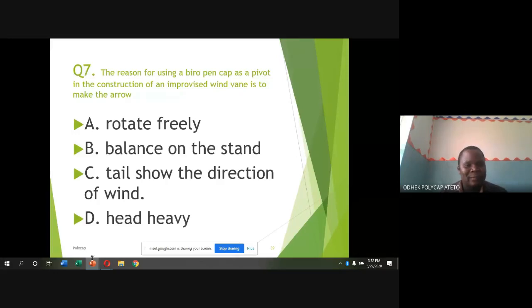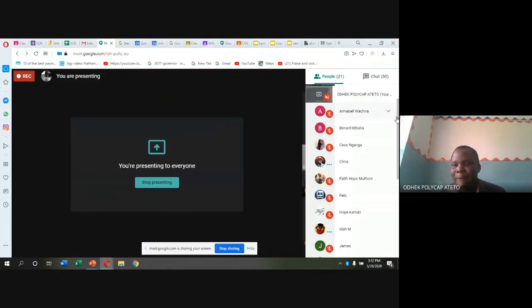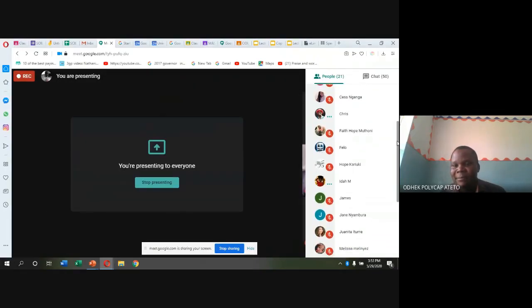Okay, so remember, the main word here is pivot. The pivot is the turning point of a machine. We put that there to enable it to rotate freely, because when it is moving it should not be rough and should also not be loose. So the barrel pen casing is helping it to rotate freely. That is the correct answer. Number 8 was picked by Tanya.